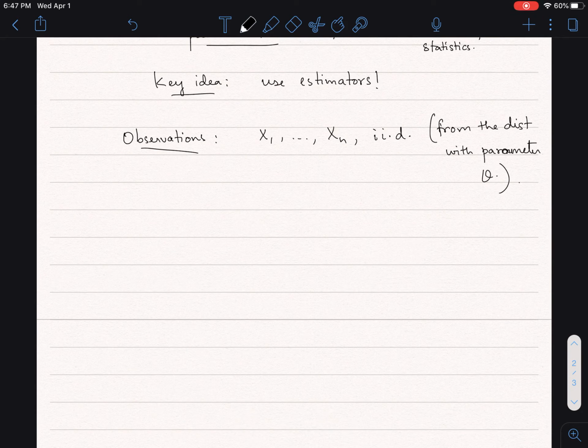Now suppose we have an estimator, and let's call this estimator t, like we've been calling it before.